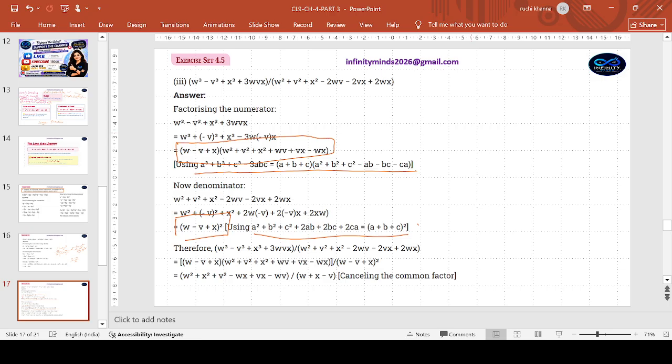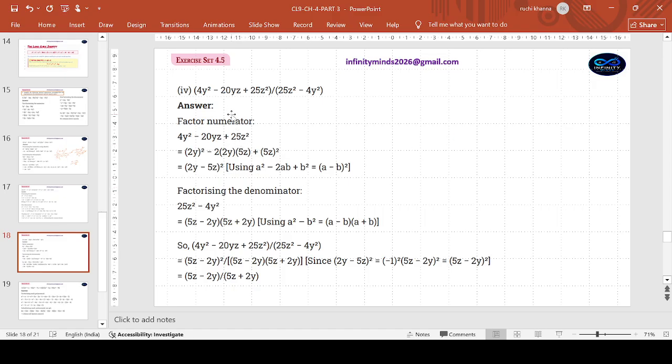The factor appears once in the numerator and twice in the denominator. Once it can cancel. Like this is the numerator: one of the times it will cancel, one of the times it will remain in the denominator, and this will remain as it is. Only once you practice with your own hands, then cross-check your answers.